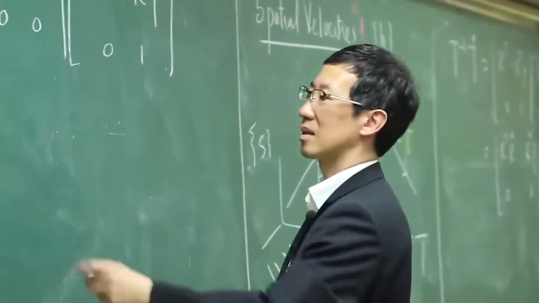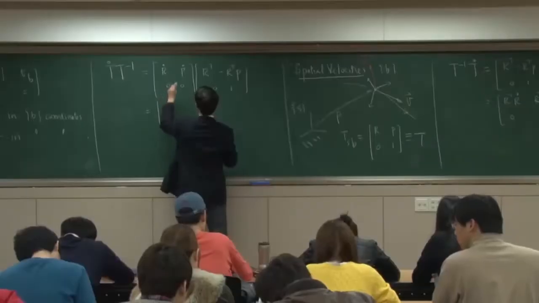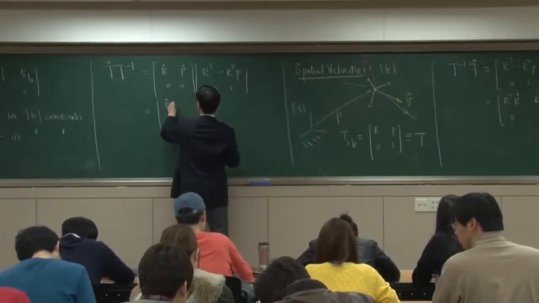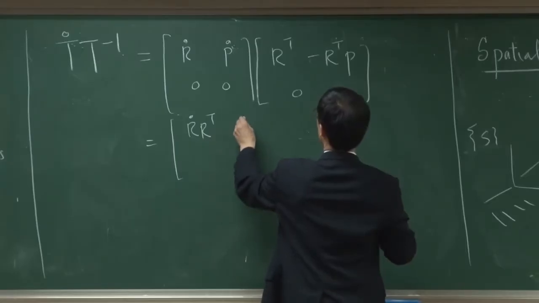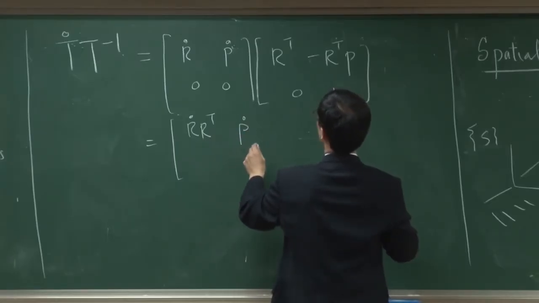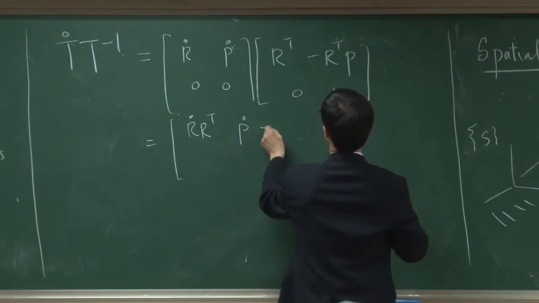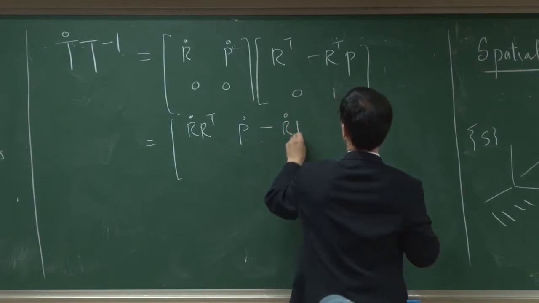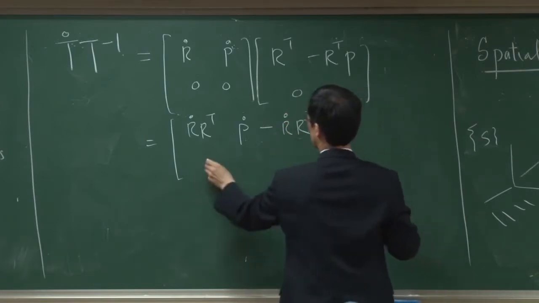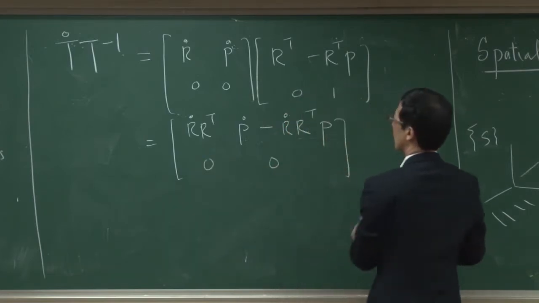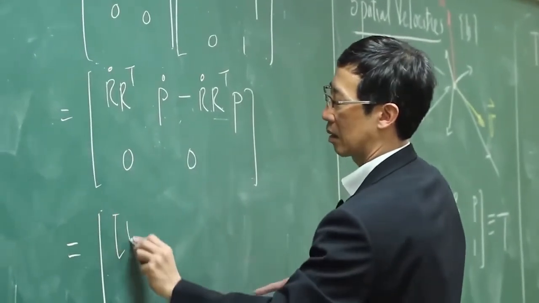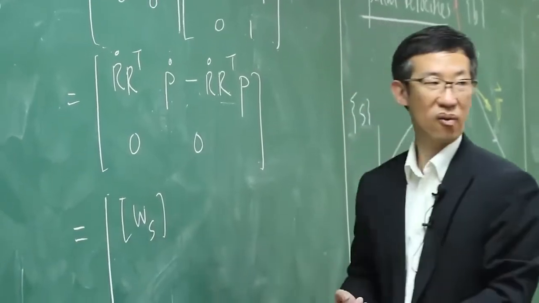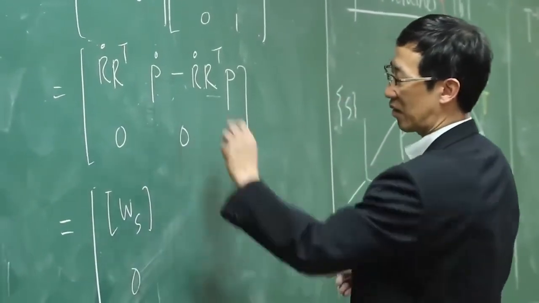Okay, so this equals R dot R transpose, and here we have P dot, minus R dot R transpose P. Let's call this omega S, which I recognize from before, and let's just call this V sub S.